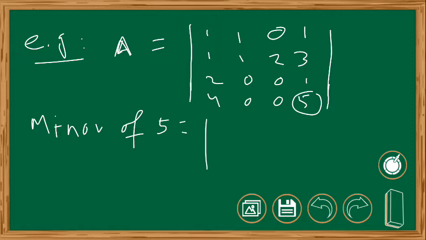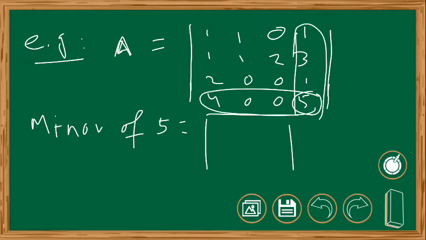This is the determinant value which is obtained by removing the row and column containing 5. So you see, I have removed, suppose this one is the row containing 5, this one is the column containing 5. So what is left? 1 1 0, 1 1 2, and this is 2 0 0. Now if I expand it along row 3, then only 2 will remain, and if I remove this one, this will be 1 0 1 2.